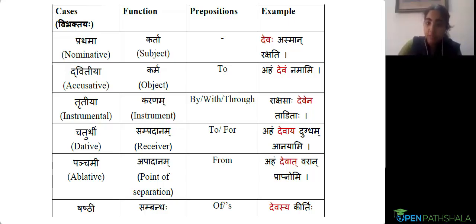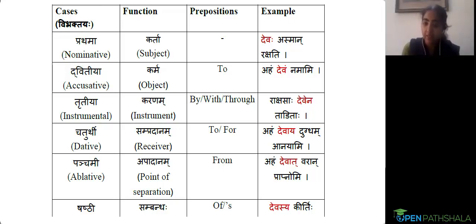For example, aham devam namami. Aham, I, devam, to God, namami, I salute. So now here Deva, the word God, is in the position of an object, meaning the word on which or for which the action is being performed.